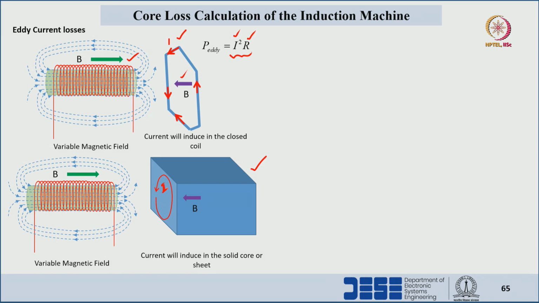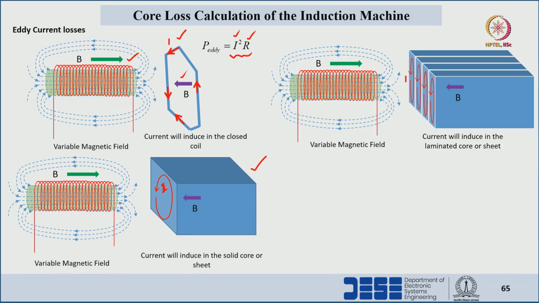In order to reduce the eddy current losses, we have to make laminations of this core such that the induced currents can come down. We can see that here. If we make the core into small laminations or small areas, then the induced currents will come down, and with respect to that we will see a reduction in eddy current losses.